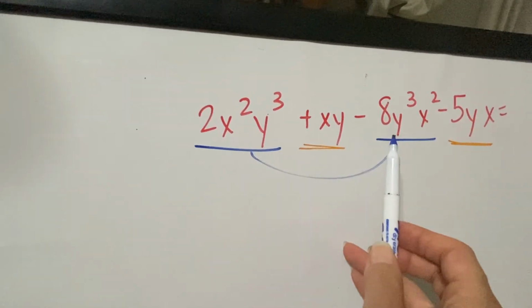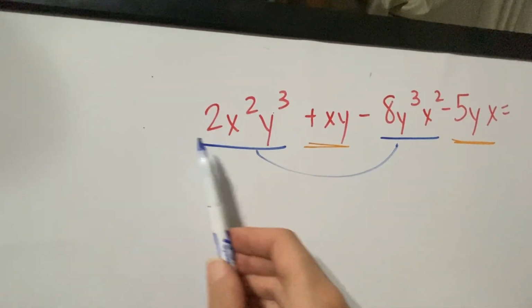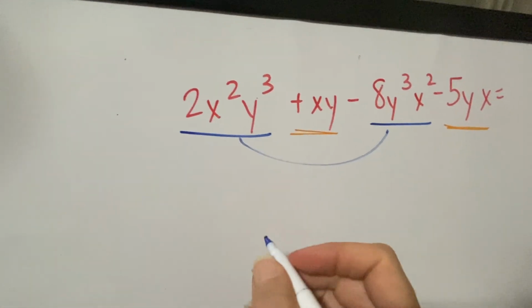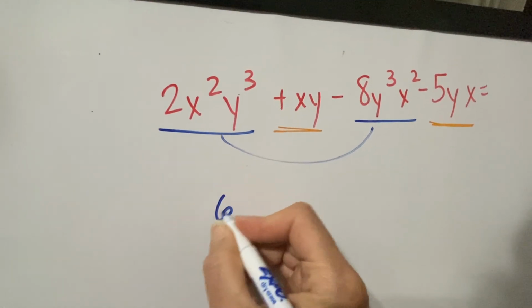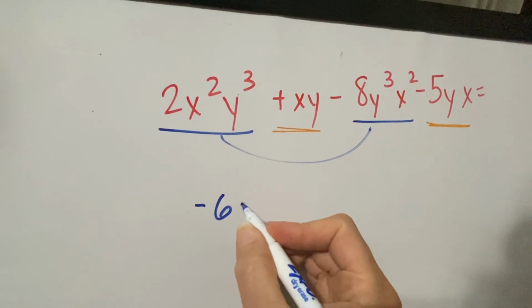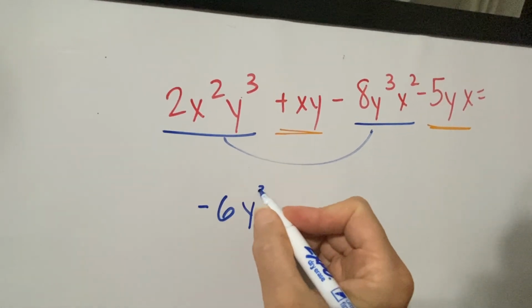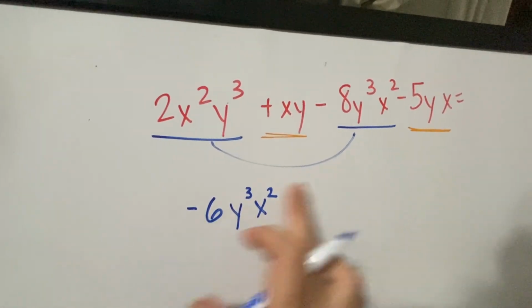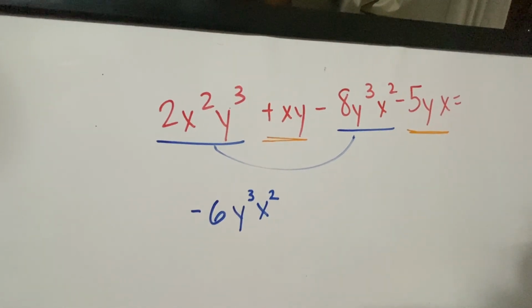Well, a 2 plus a negative 8. Signs are different. This is a positive, that's a negative. You're going to subtract. 8 minus 2 is 6. The 8 is the bigger number, so it's going to stay negative there. And I'm just going to write my biggest exponent first and then my smallest. That way I can just start to be consistent now.